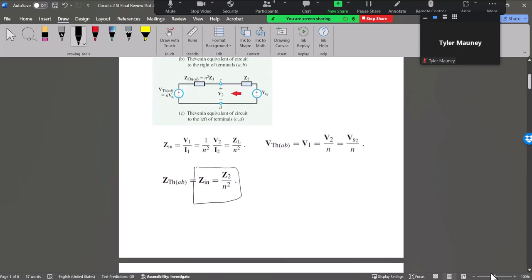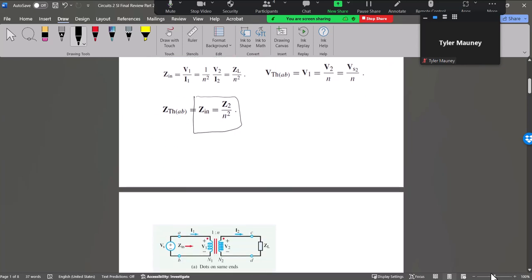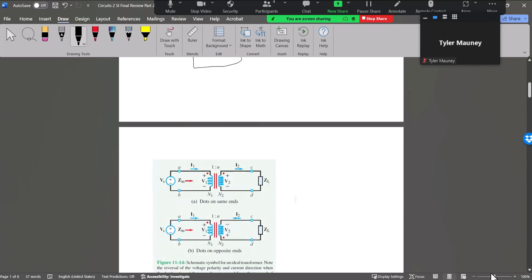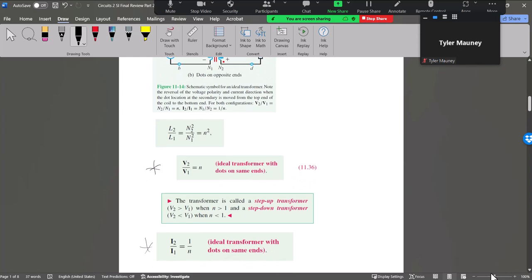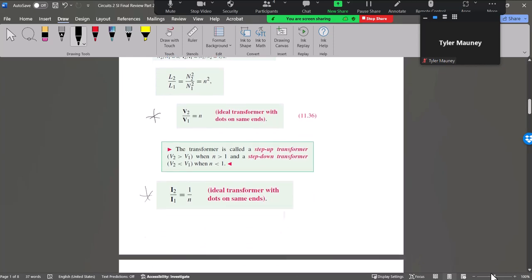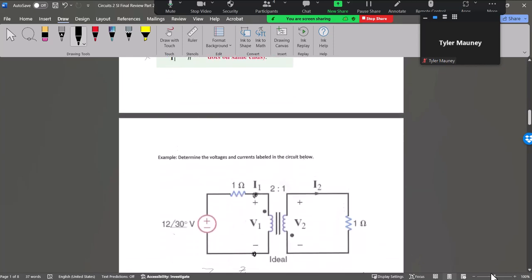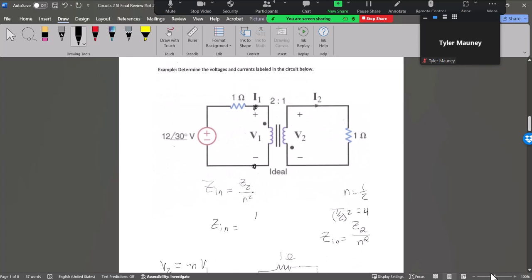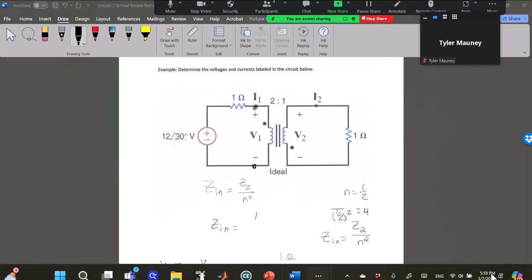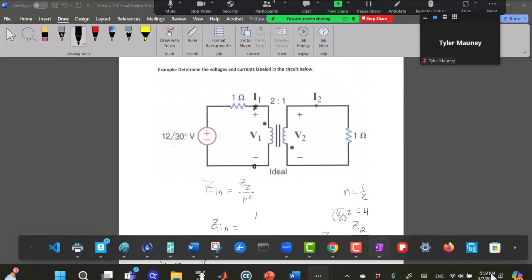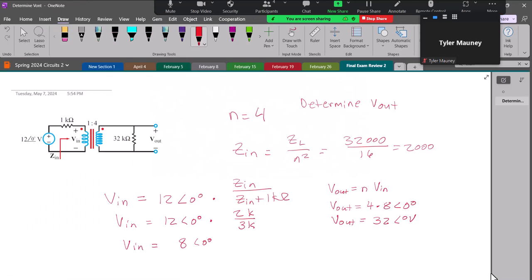Yeah, it's because it's in parallel. It is the same as V2. I don't have anything else for you besides that. Everything over here is the same voltage. All right.